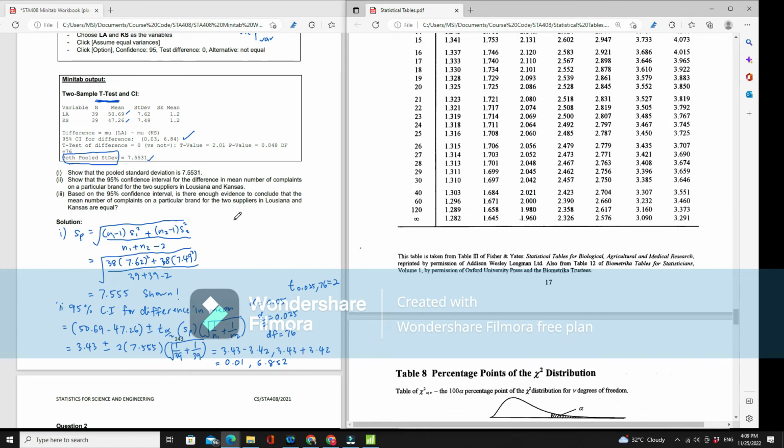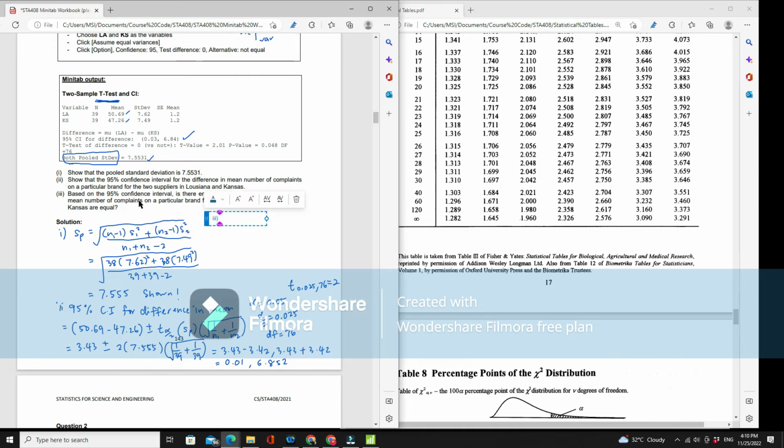Okay, so lastly, number 3. Based on the 95% confidence interval, is there enough evidence to conclude that the mean number of complaints on a particular brand for the two suppliers in Louisiana are equal? So our confidence interval is greater than 0, since both are positive.